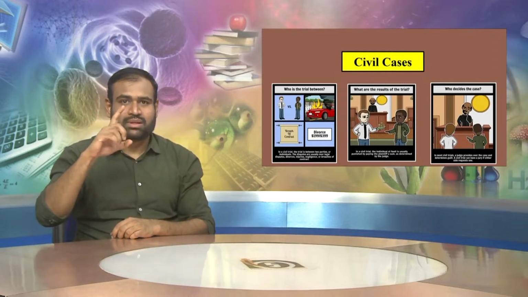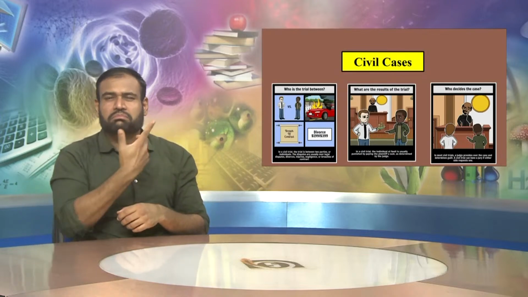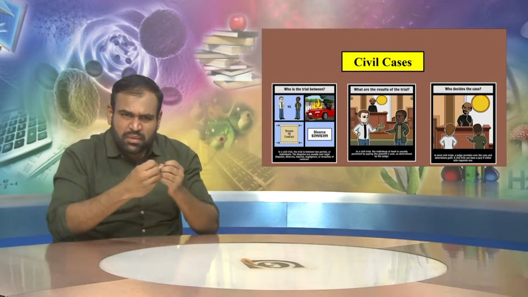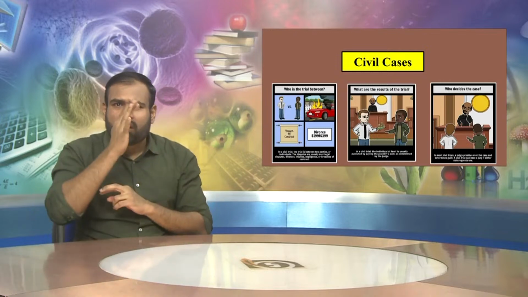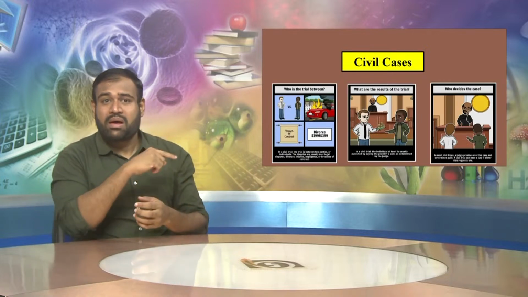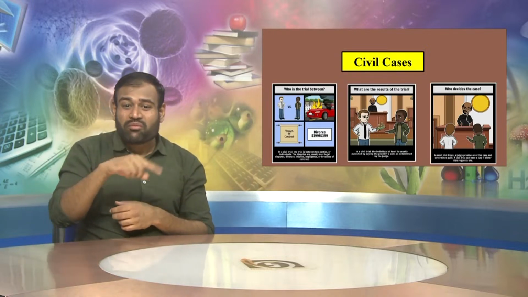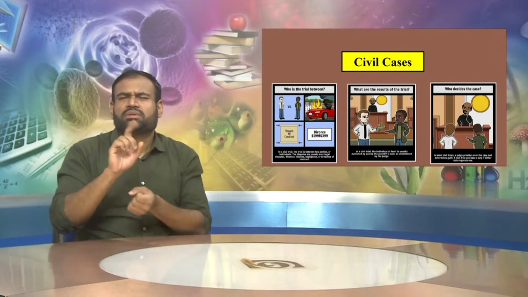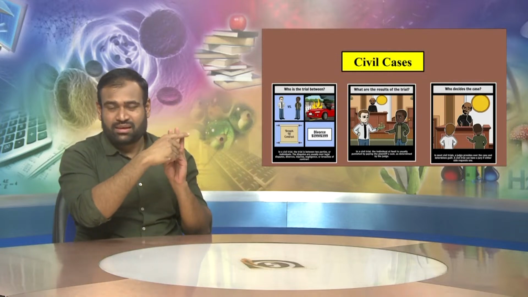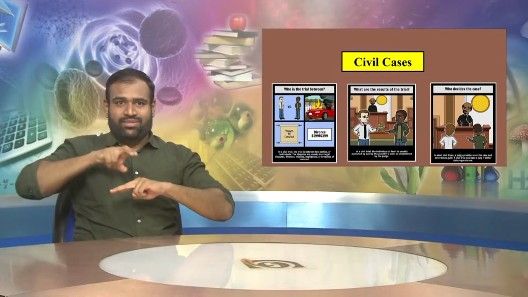In the picture you can see civil cases in India. For example, in the first picture, who is the trial between? It can be a divorce case, accident case or dispute case. In those types of cases, a penalty is given, but there is no punishment.